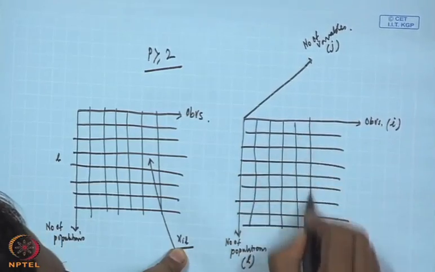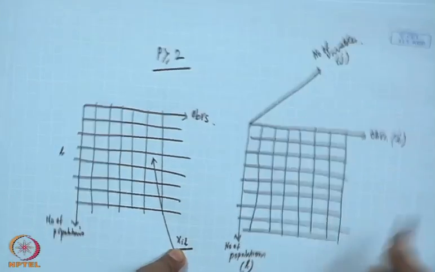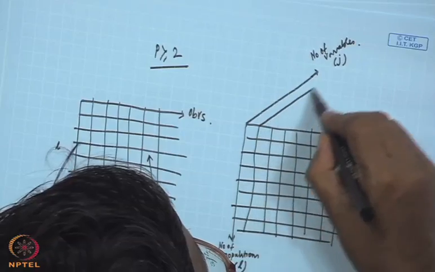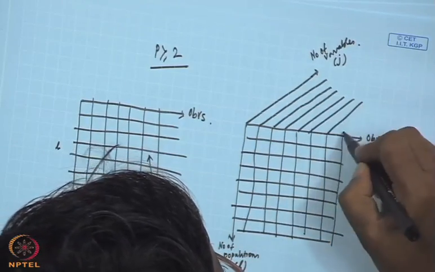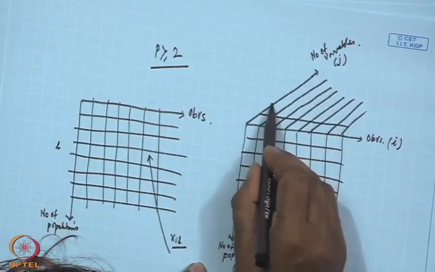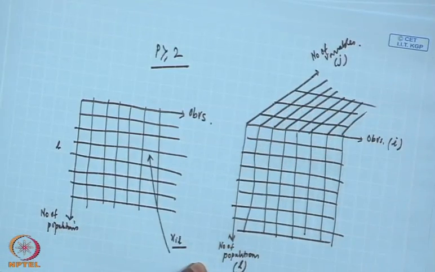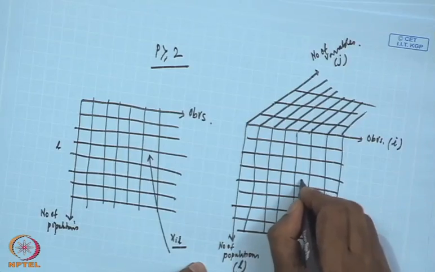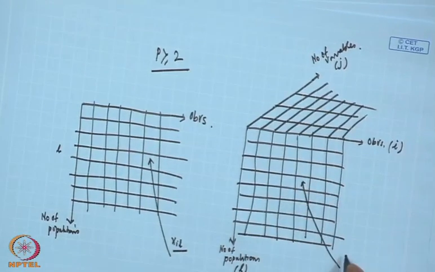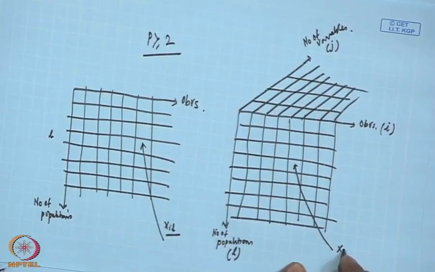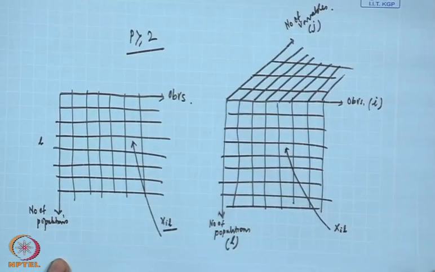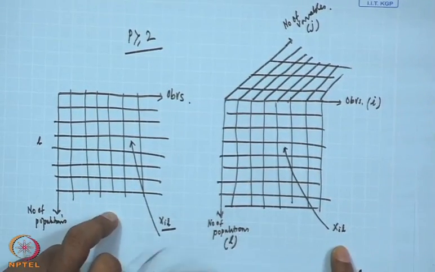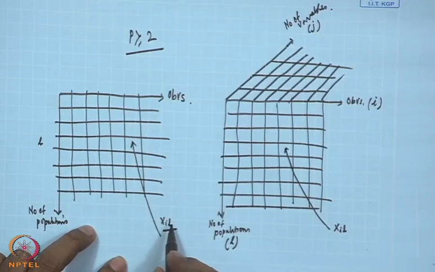This is the data structure basically. Suppose this is my XIL.